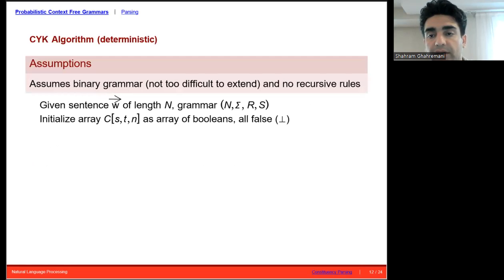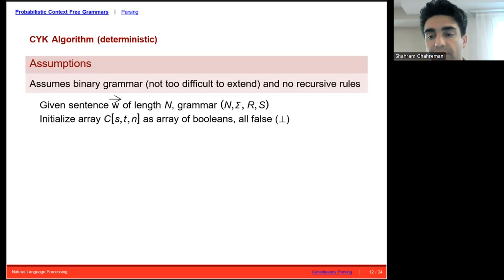What we are taking a look at is something called the CYK algorithm. This is named for Cocke, Younger, and Kasami. And what this does is it assumes that you are given as input a binary grammar and no recursive rules. That is, you don't have the same non-terminal on both the left-hand side and the right-hand side of a rule.